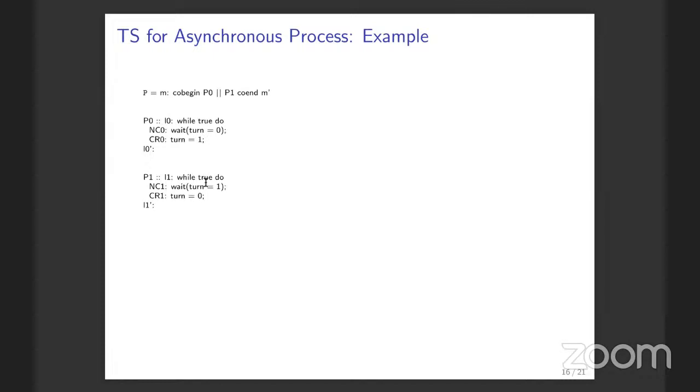If you've gone through concurrent programming, you would recognize this. It's usually called semaphore-based mutual exclusion enforcement.